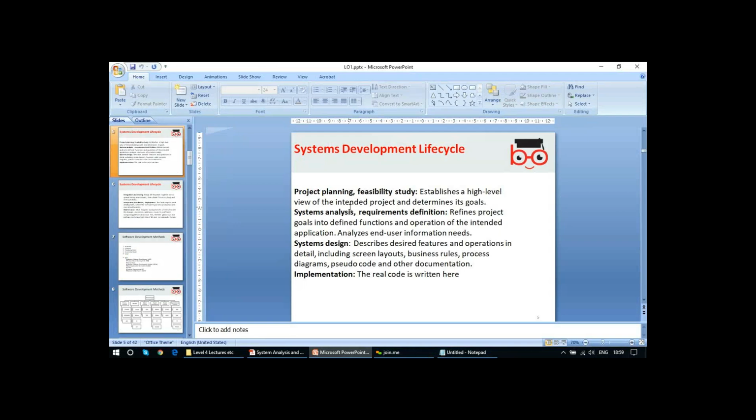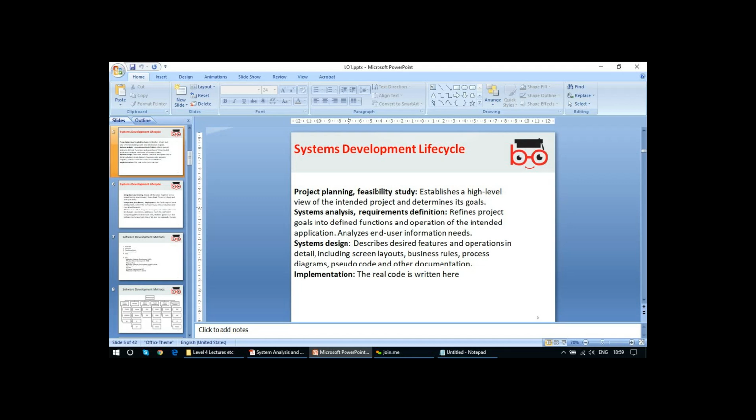Now you have to keep in mind, this is basically from requirements to analysis, design, and implementation. That is the software development; software development goes through these steps.